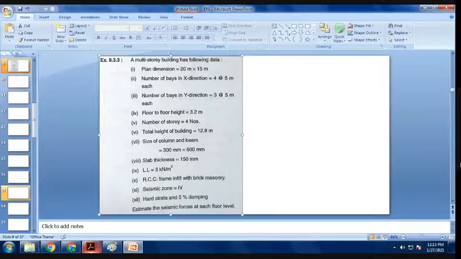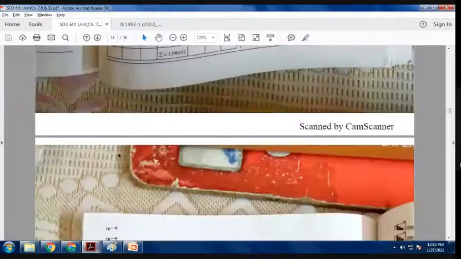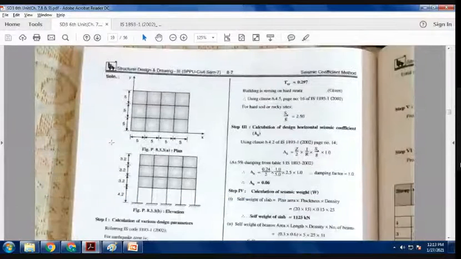Because at a single stretch you will learn how to determine the dead loads and live loads.